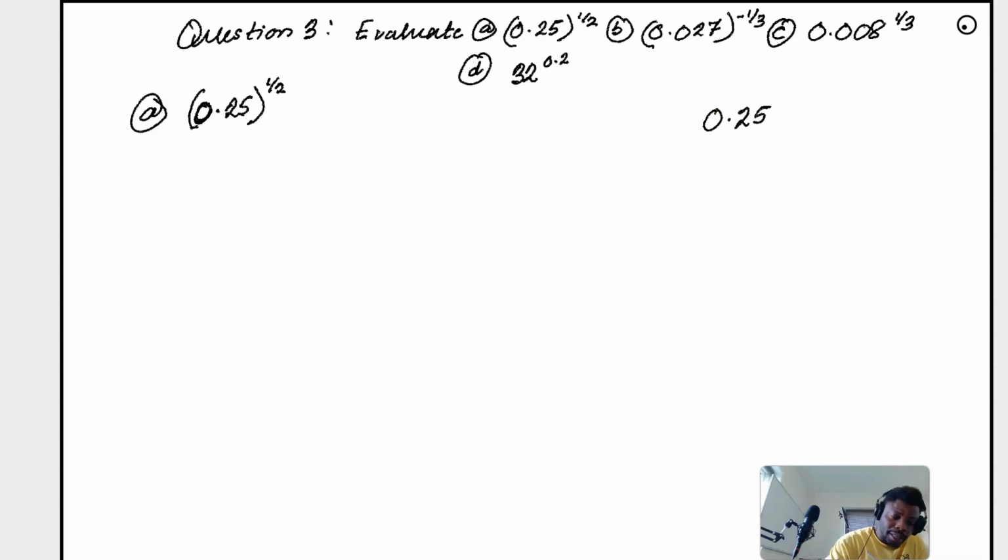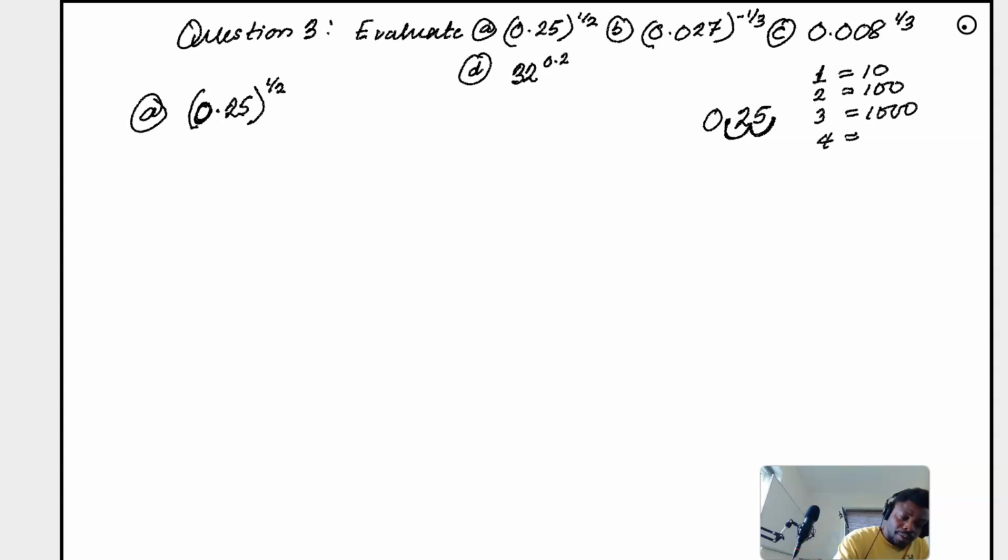what you want to do is, from this decimal, you want to count backwards like 1, 2, like that. So if I count, I'll count 1, 2. When you count 1 backwards, that is 10. When you count 2 backwards, that is 100. When you count 3 backwards, that is 1,000.